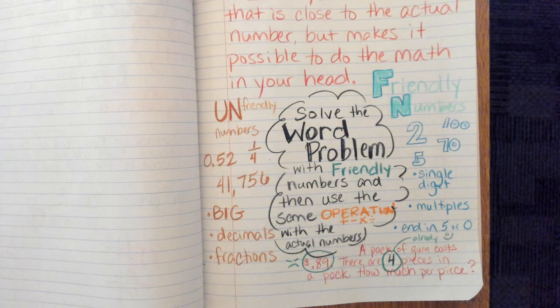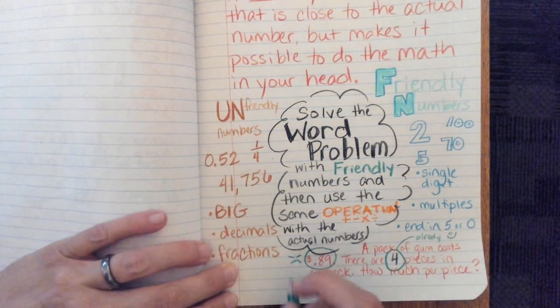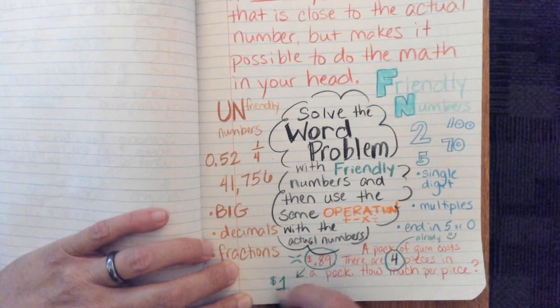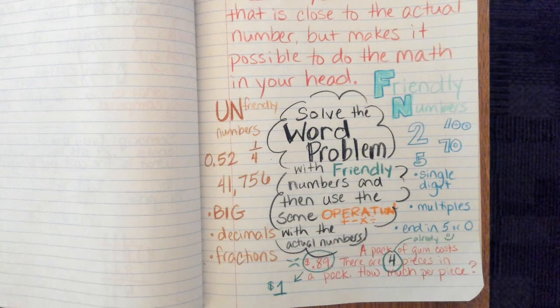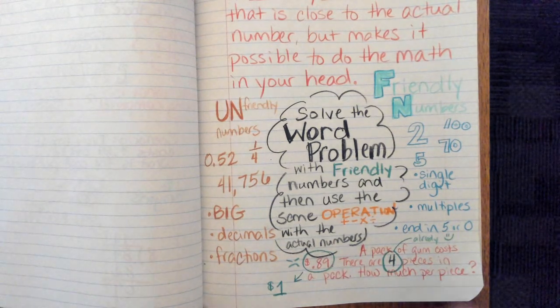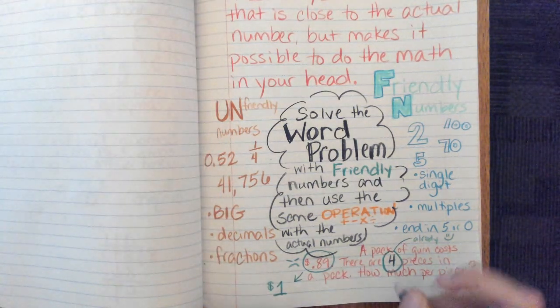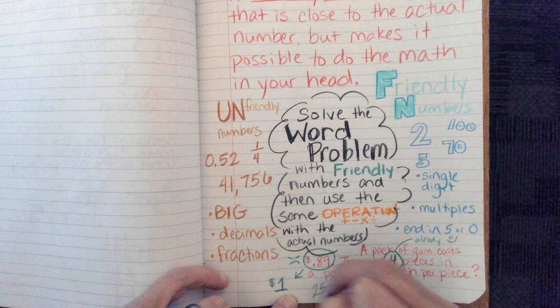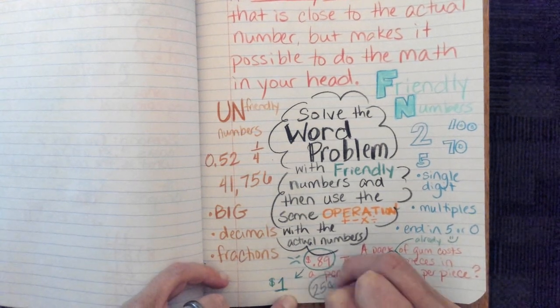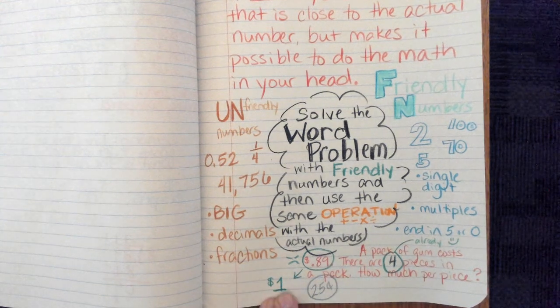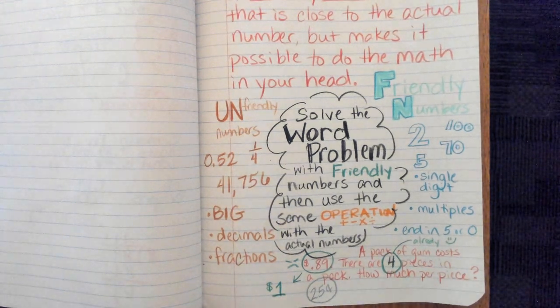So if you thought about it, 89 cents is pretty close to $1. Then if there's 4 pieces, each piece probably costs 25 cents, or 1/4. The way you got that was dividing $1 into 4 parts.